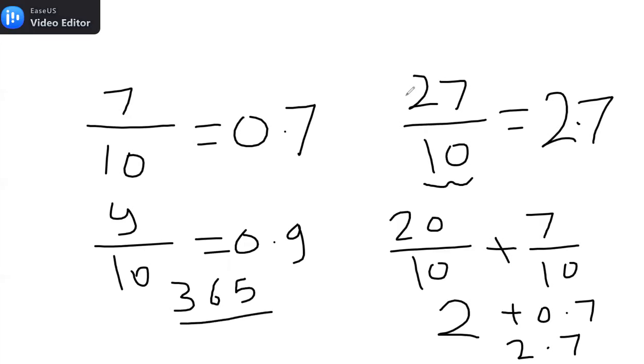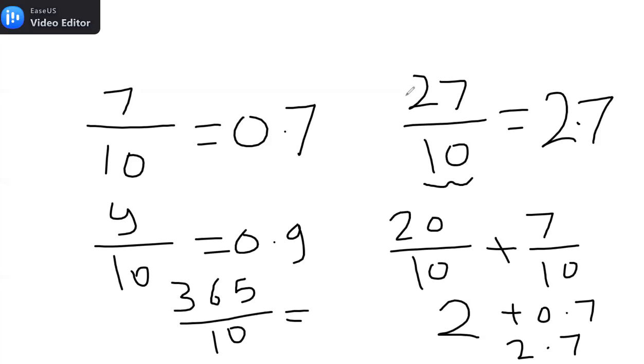365 over 10. How can we write it in the decimal form? 3.5. Think again. Try again. It's 365 over 10. 6.5.